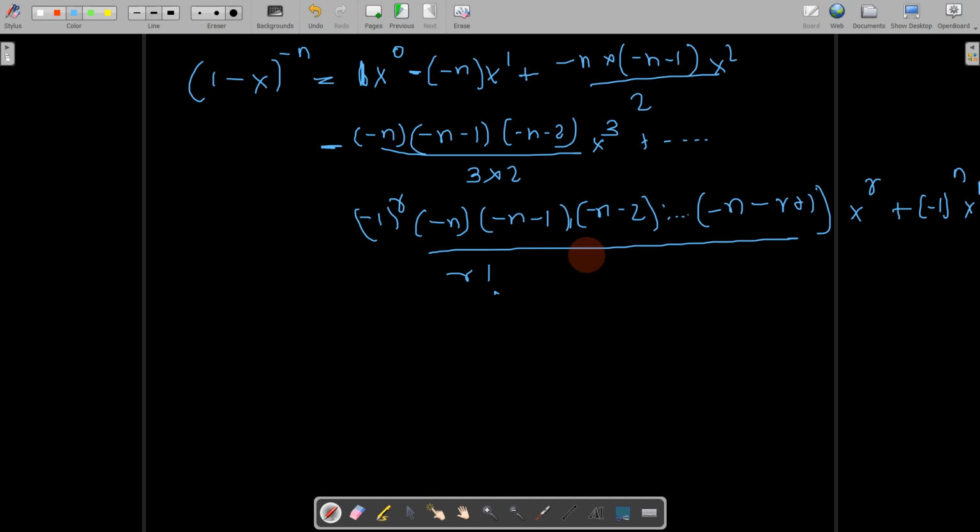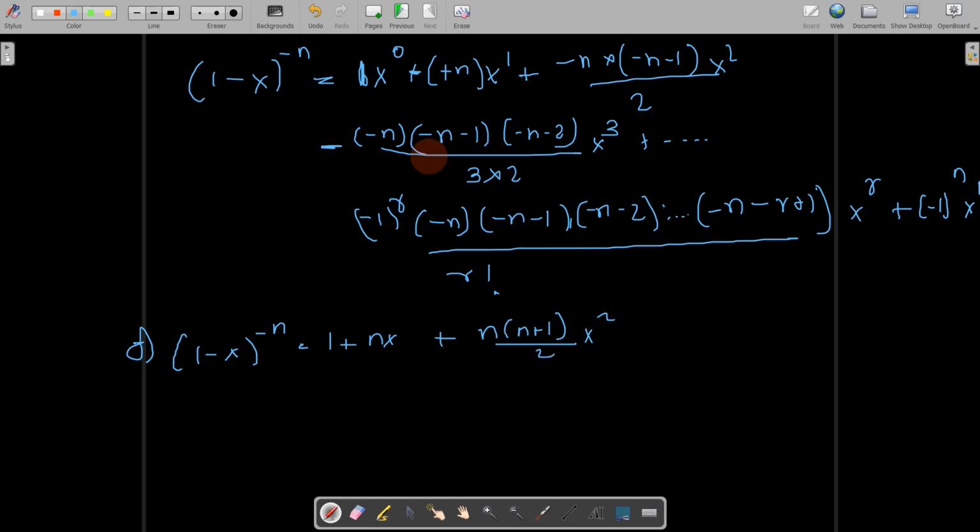Right. All right. Now, what we can see, this minus cancels out and becomes 1, right? All the odd powers of x, and the even powers also, we can take out minus 1 common, minus 1 from here and minus 1 from here. So this becomes 1 minus x to the power minus n is equal to 1 plus nx plus, this minus and this minus we are taking out, so it becomes n into n plus 1 by 2 x square.